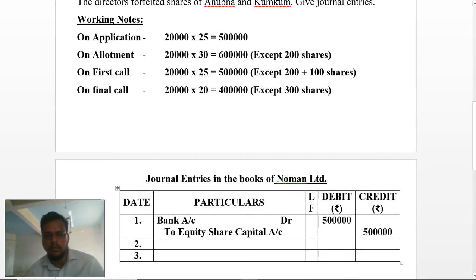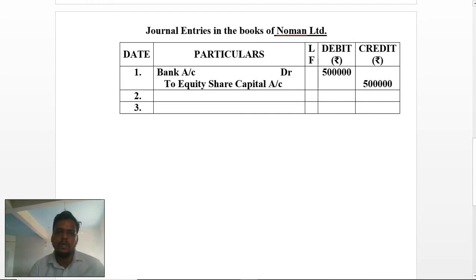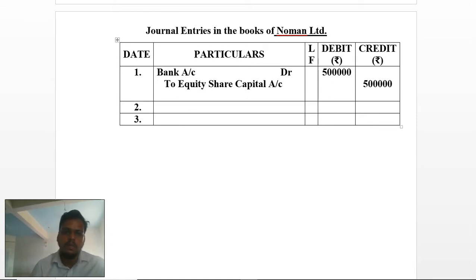Maybe you cannot see this, but I'll try my level best to make you understand. Now it has been mentioned that an application amount has been received.